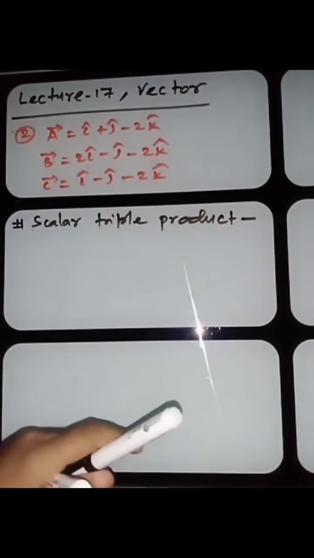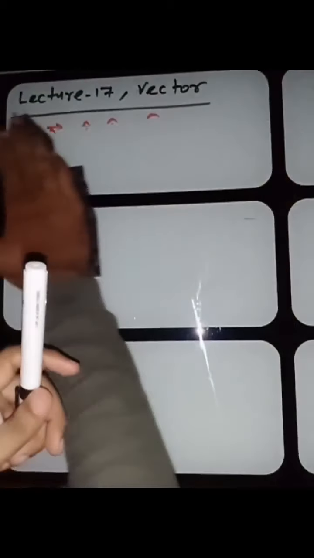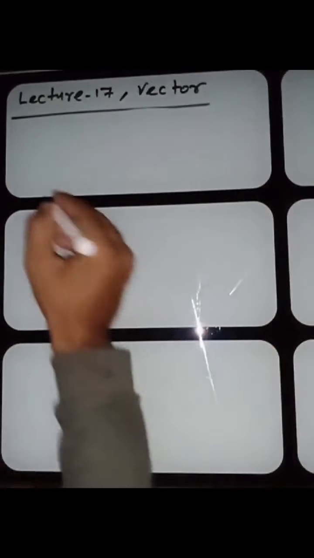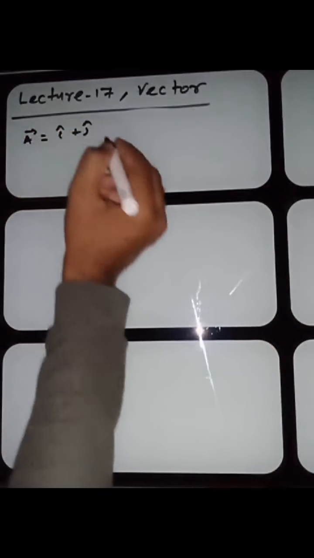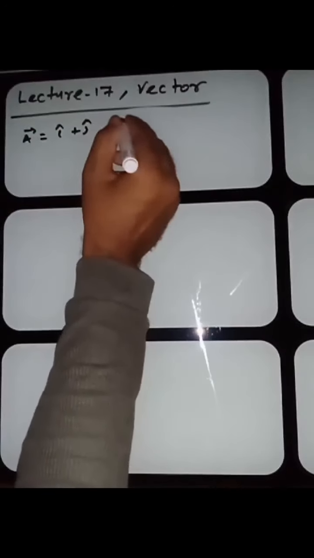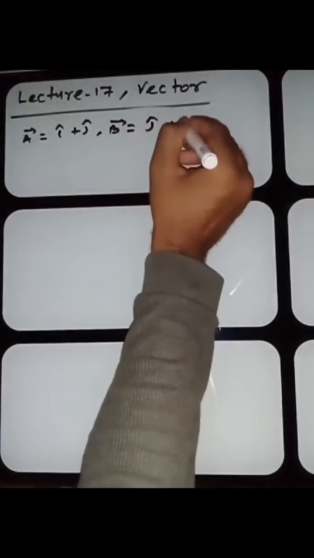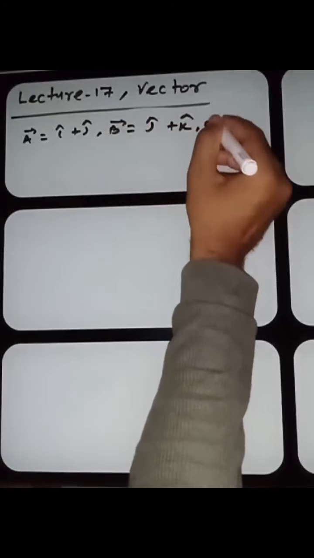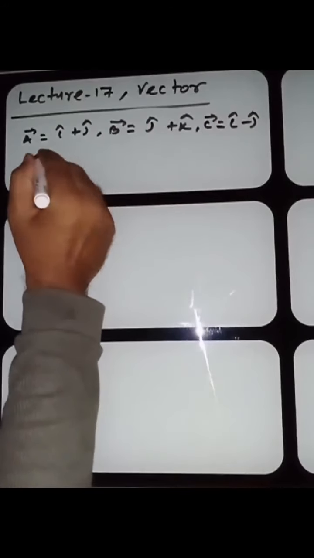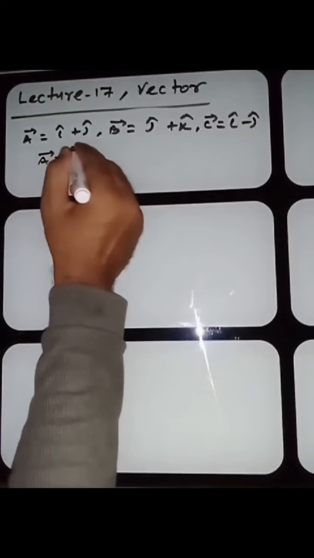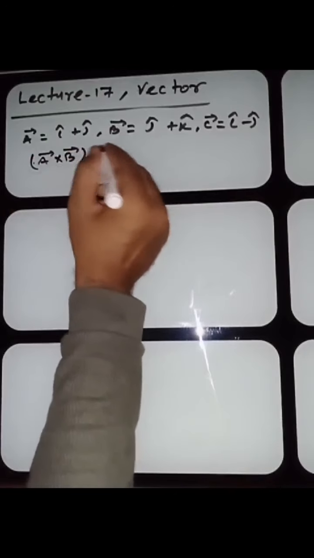Now, let me change the vectors. Vector A is i plus j. Vector B is j plus k. Vector C is i minus j. We have to find A cross B dot C.